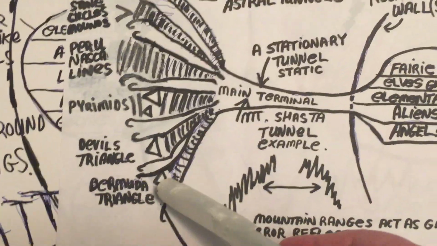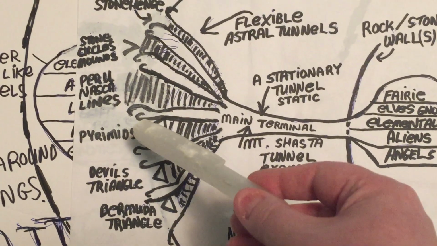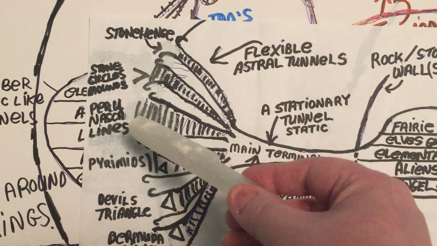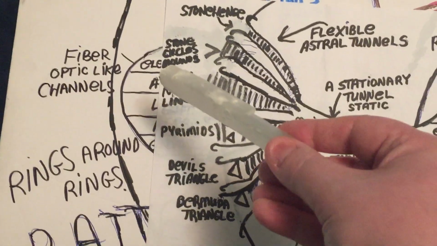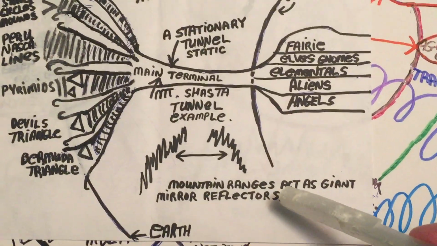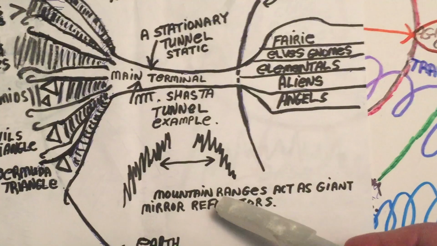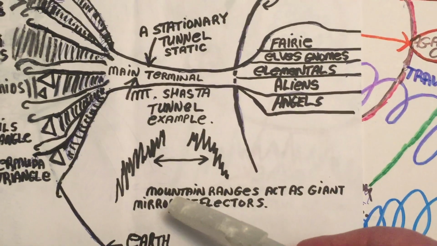One can go to the Bermuda Triangle, one can go to the Devil's Triangle, or it can go to the pyramids, it can go to the Nazca lines, it can go all over the place. Like I said, these are fiber optic like energies.